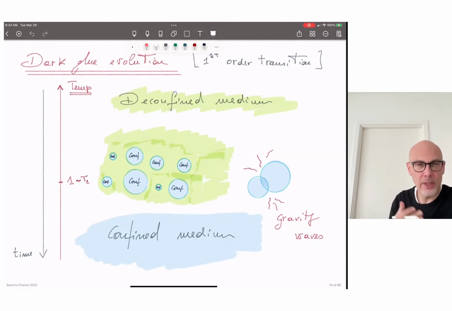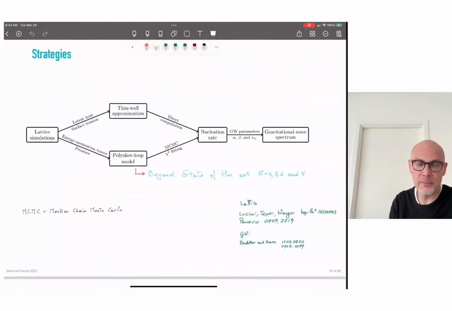If there are no questions so far, let me go a little bit beyond and see what our strategy has been to investigate this model for arbitrary SU(N). So this is a flowchart of our computations.